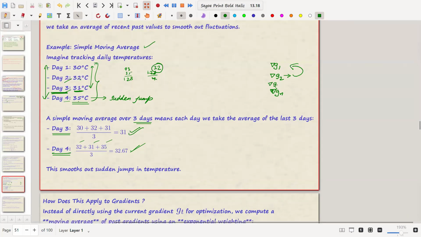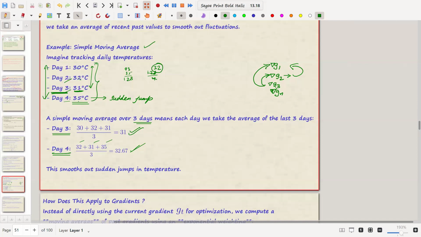When you are computing G3, you use the value of G2 and also the value of G1. When you are computing Gn, use all the values of the gradient previously. That way, it will smooth out all your gradients. That is known as the momentum method. It uses memory of the previous gradients.